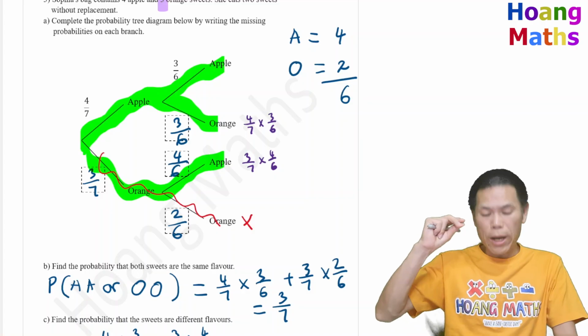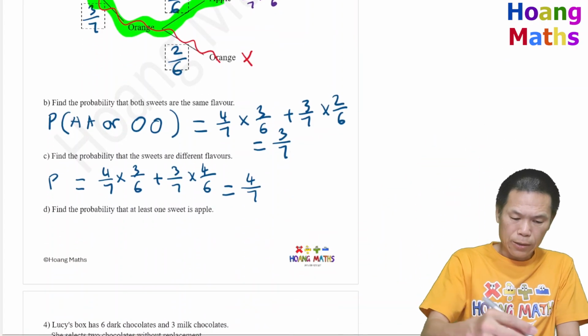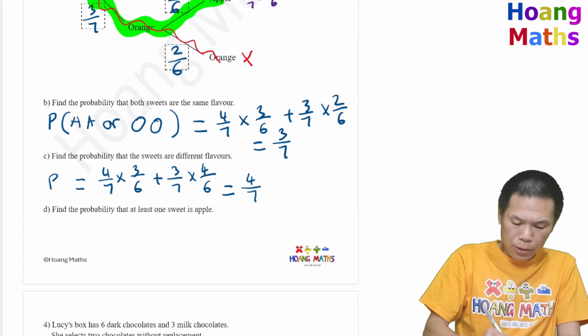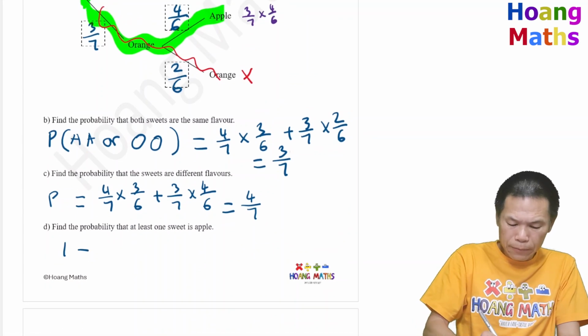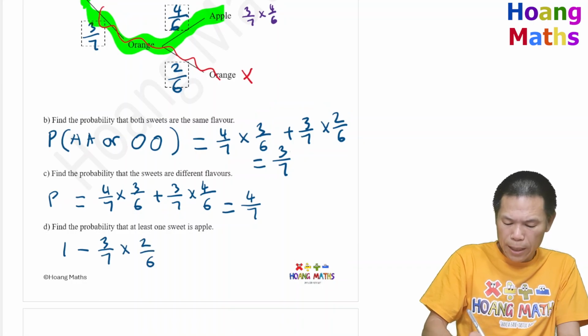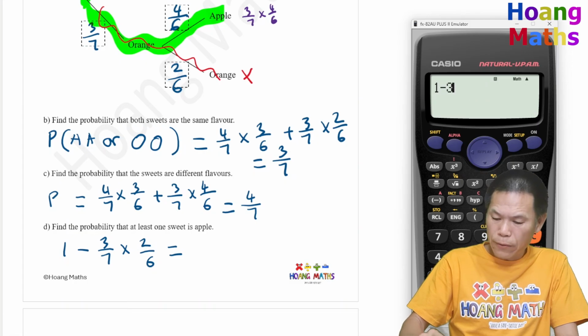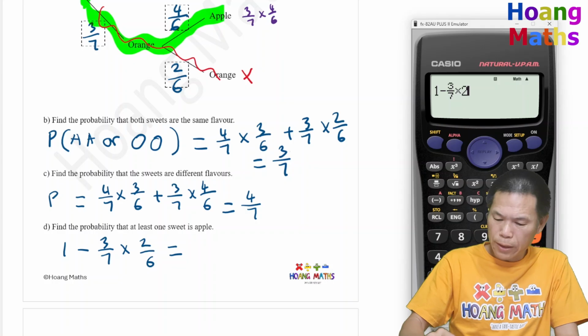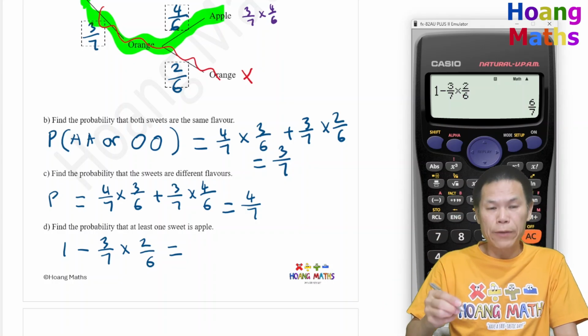So that means 1 minus 3 over 7 times 2 over 6. So let me write this down. So 1 minus 3 over 7 times 2 over 6. I just go 1 minus 3 over 7, we times 2 over 6. So there you go, 6 over 7.